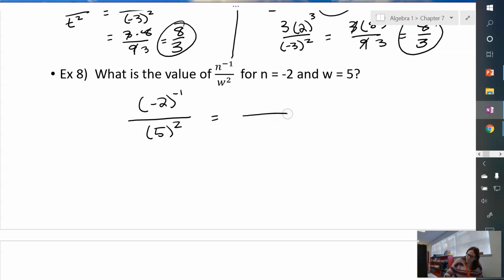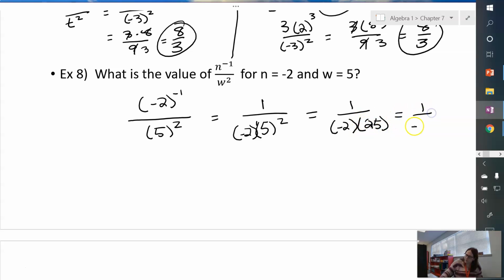That's going to give me 5 squared stays downstairs. But that negative 2, it's to the negative 1, so move it downstairs. That becomes a positive 1. 1 goes on top. So 1 is negative 2. 5 squared is 25. So I get 1 over negative 50.